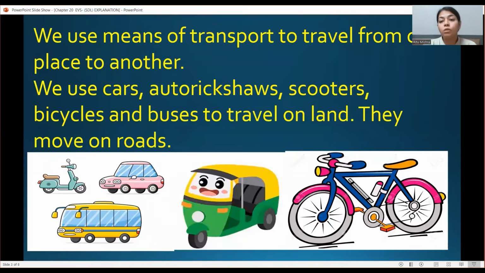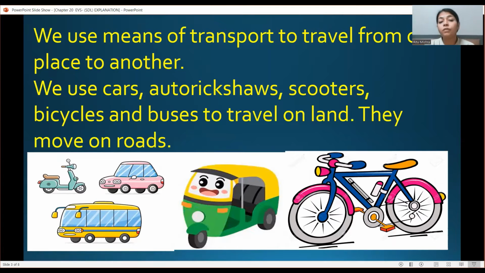We use means of transport to travel from one place to another. I said, children, we travel every day. You all travel from your home to school and back to home. So in the same way, many people travel from one place to another, from one city to another, from one country to another.